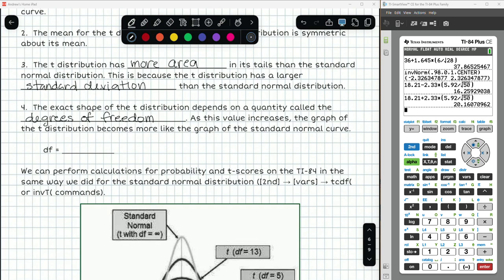The degrees of freedom for one variable stats, which is what we're doing now, is just sample size minus 1. The curve is going to be lower and flatter for smaller values of df, smaller degrees of freedom. As the degrees of freedom and our sample size increase, the graph of the t distribution looks more and more like the graph of the standard normal.